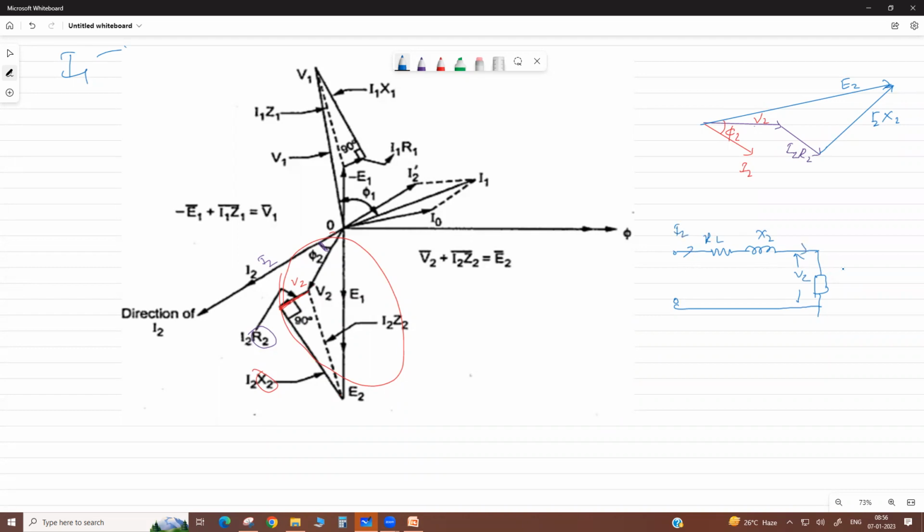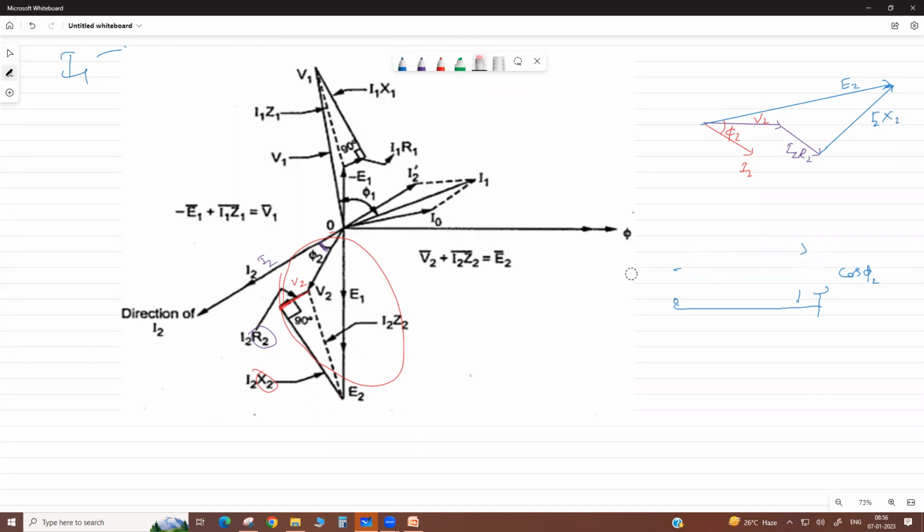This power factor is cos phi2 lagging, and here is your E2, the no load voltage. So this is the diagram. Here it shows V2, then I2, these are the drops, then this is E2. Got it?